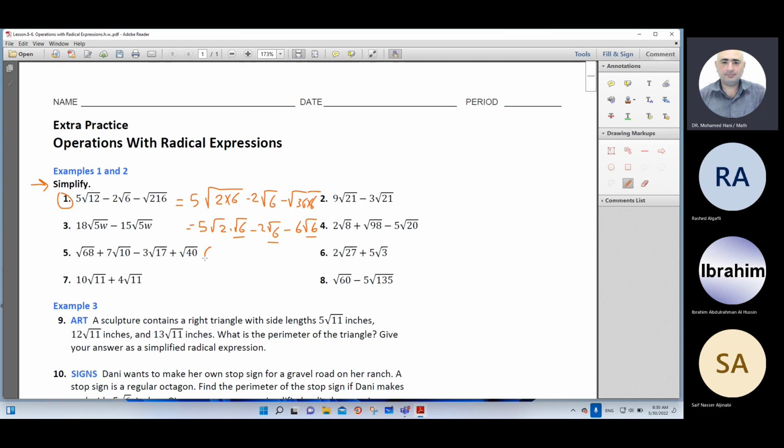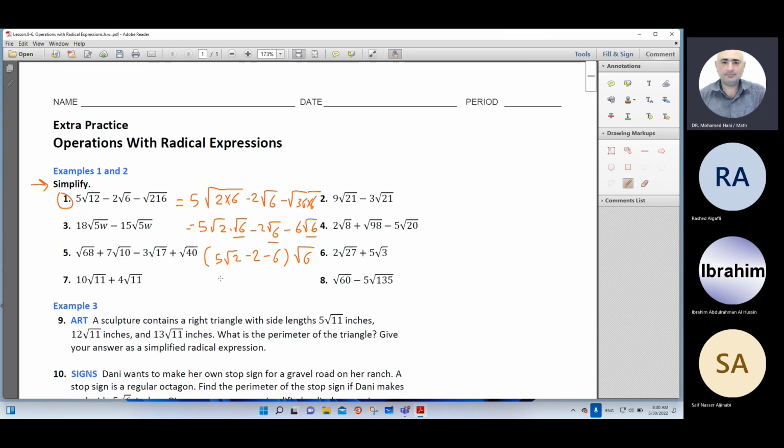How to do subtraction? Take the numbers before the square root. So 5 square root 2, then minus 2, then minus 6 square root of 6.